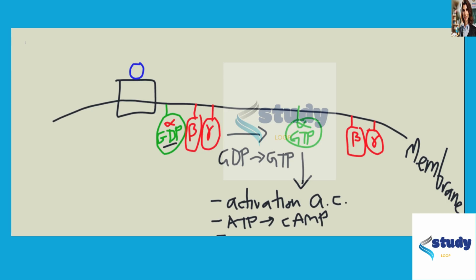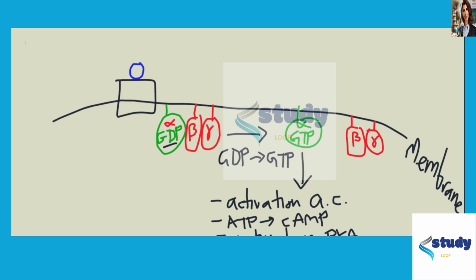All right, and following that will then lead to an activation again of another protein. So now we activate our protein kinase A, which is just going to be PKA. Then after all of these things have happened, it's going to go to a glycogen breakdown.